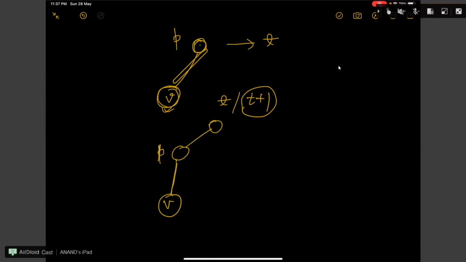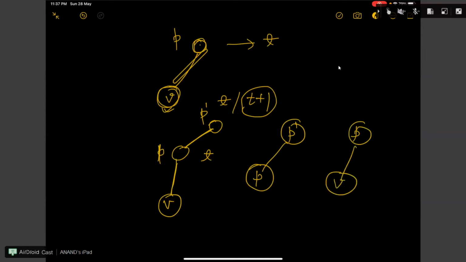So let's say p was drawn at time t. Let's say this edge is p dash. If the edge p dash p comes before the edge pv, then definitely at time t when you traverse this, you will draw this edge and draw this vertex p.